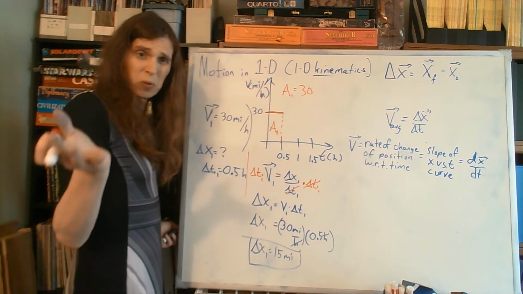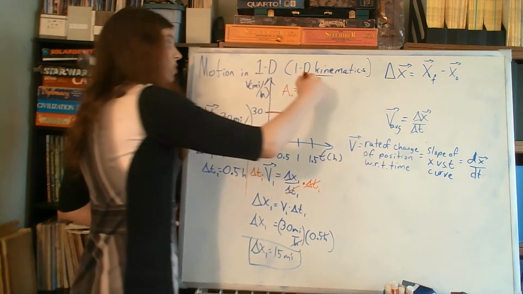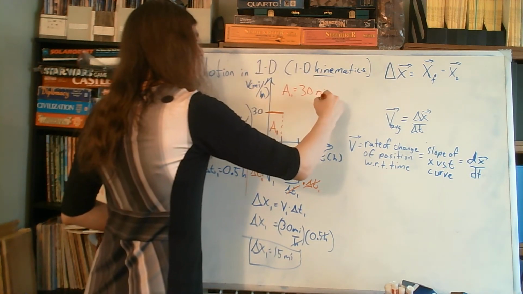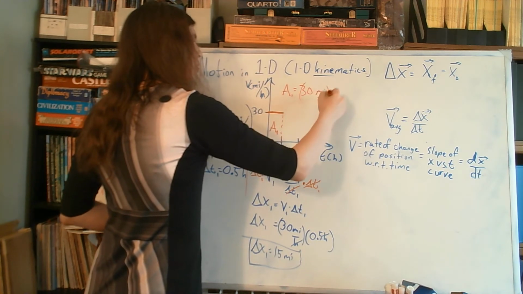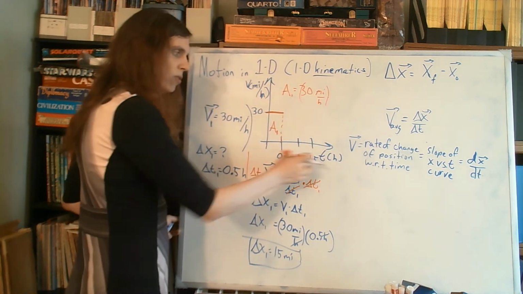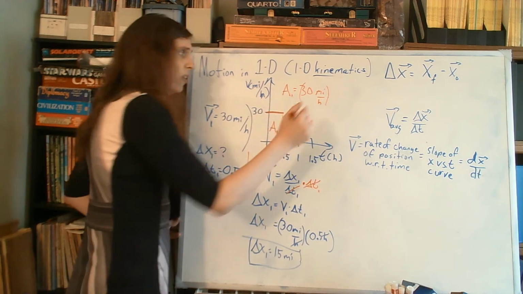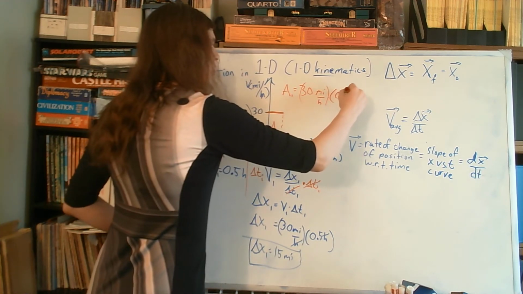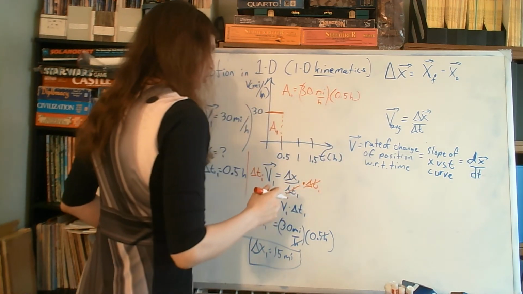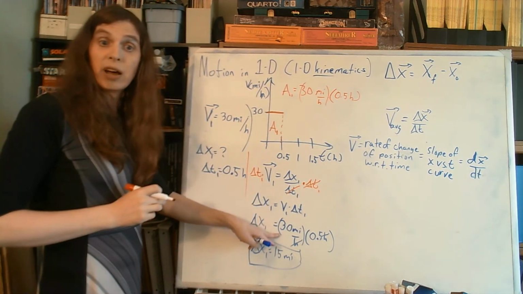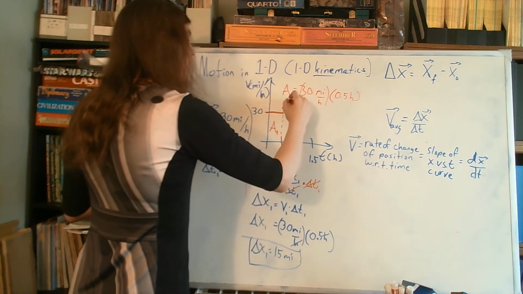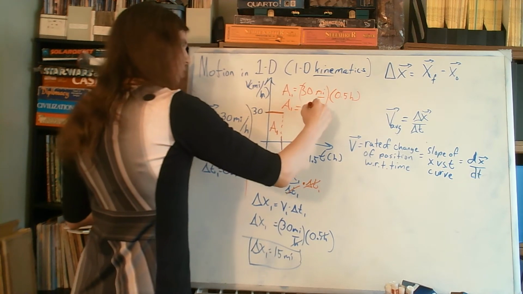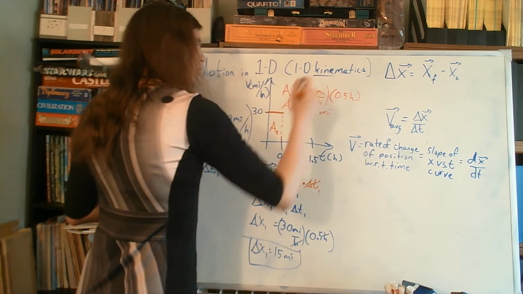It's not just 30, it's got units on this axis: 30 miles per hour. And the width is 0.5. It also has units. We need those. 0.5 hours. That's the same math we did down here. So that area is also equal to 15 miles.